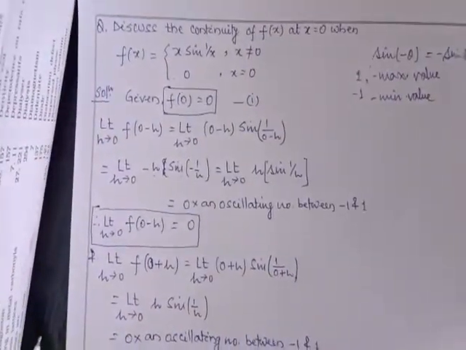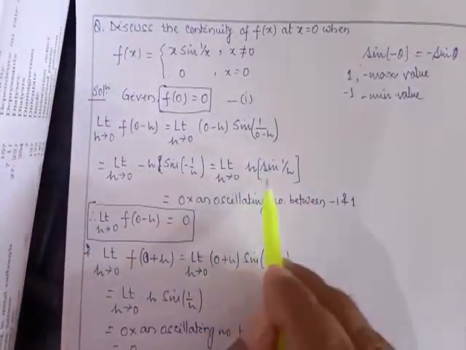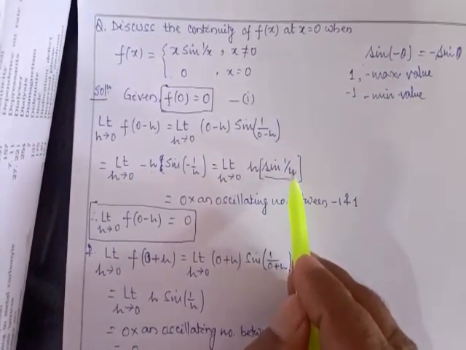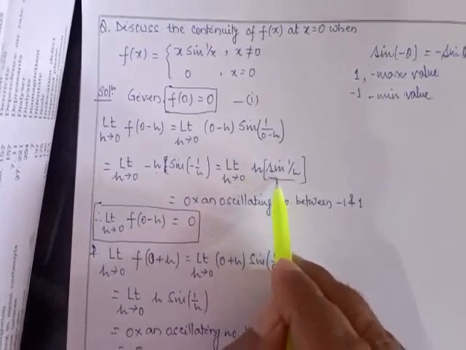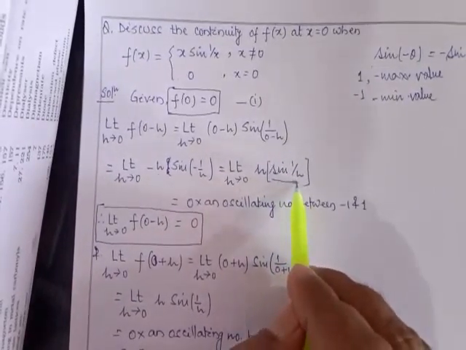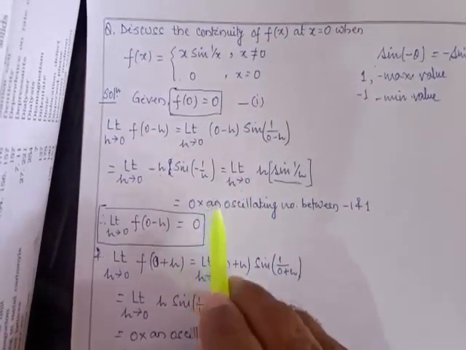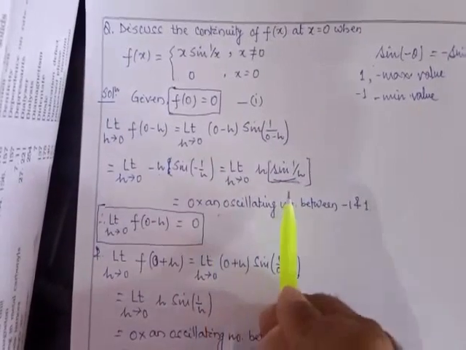So when we take limit, the value of sine 1 by h lies between minus 1 and plus 1. So we may write, applying limit, 0 into an oscillating number between minus 1 and plus 1.